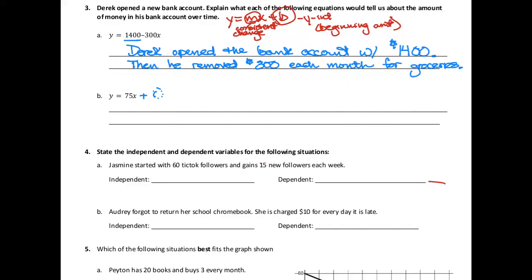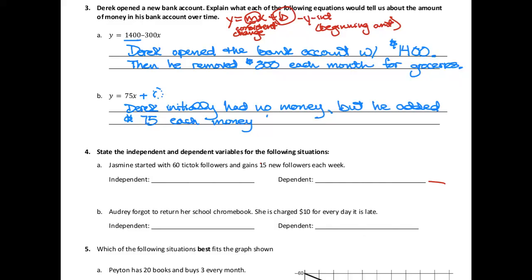Okay, so I guess you would say Derek initially had no money, but he added $75 each month from his part-time job.